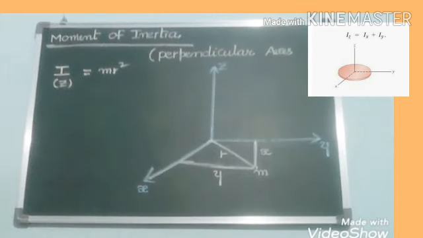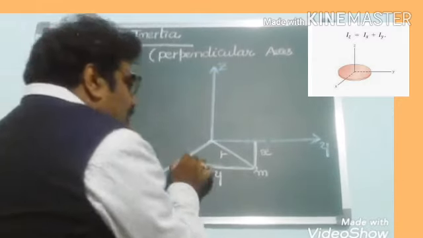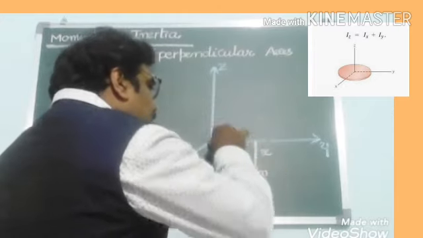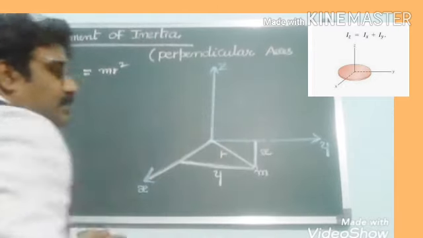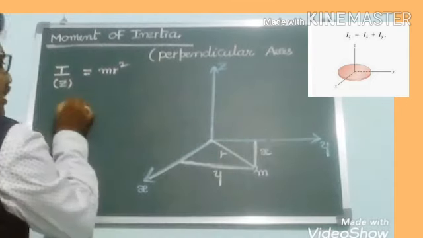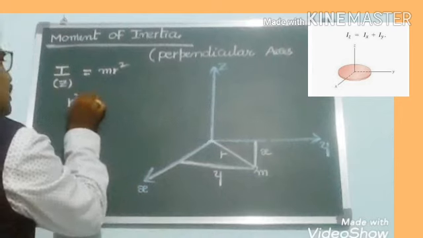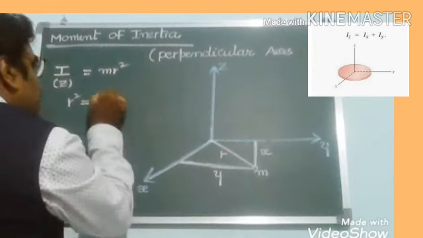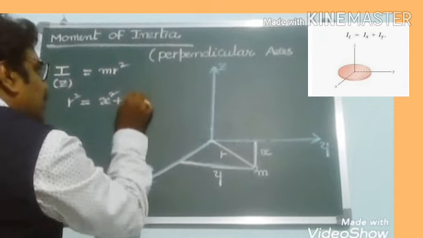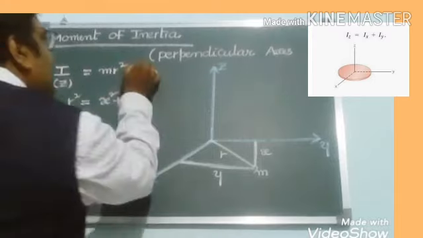Now, no doubt, these two axes are perpendicular to each other. So this is a right angle triangle and R is the hypotenuse. Apply the Pythagoras theorem. R square equal to, from this triangle, side square plus side square, meaning x square plus y square. This is equation number 1.